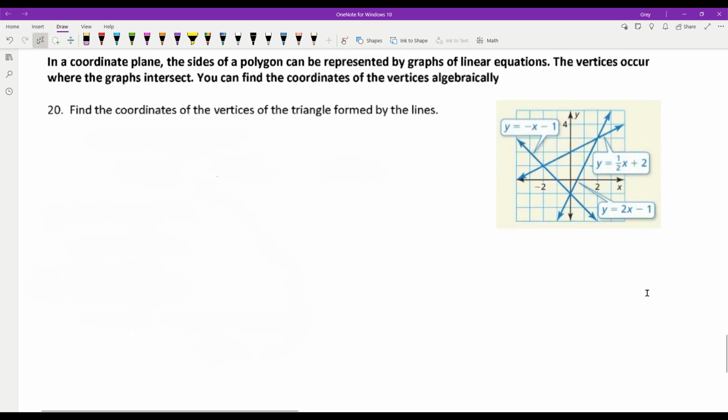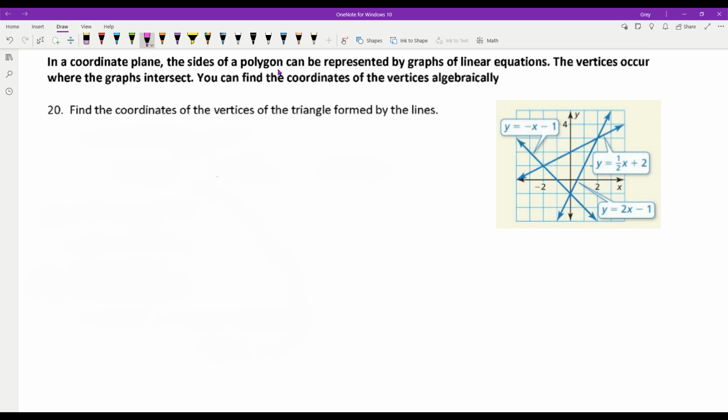All right, last problem. In a coordinate plane, the sides of a polygon can be represented by graphs of linear equations. The vertices occur where the graphs intersect. You can find the coordinates of the vertices algebraically. So it is easiest to do it from the graph.